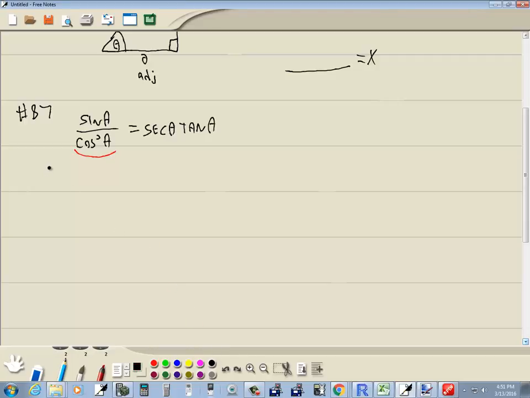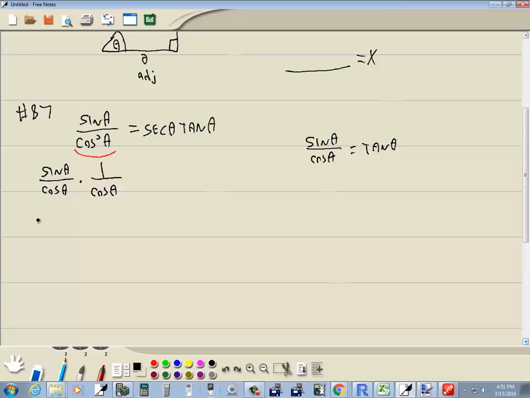Now I can split that up. So I got sine theta over cosine theta times 1 over cosine theta. That's what cosine squared means, cosine times cosine. Going backwards, we get this single fraction. Now the reason why I split it up is we got an identity that says sine theta over cosine theta is equal to tangent theta.